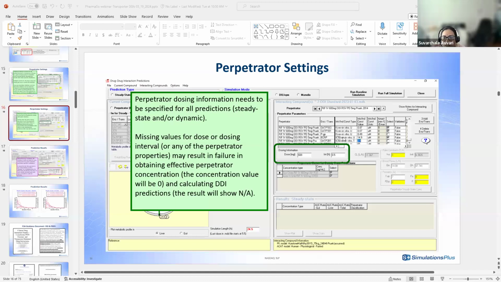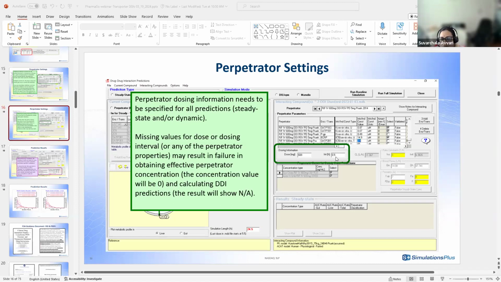Aditya, here you can see in the DDI module, under the perpetrator, you have this dosing information, and you can tell the program the dosing interval of the perpetrator, how often the perpetrator can be administered.